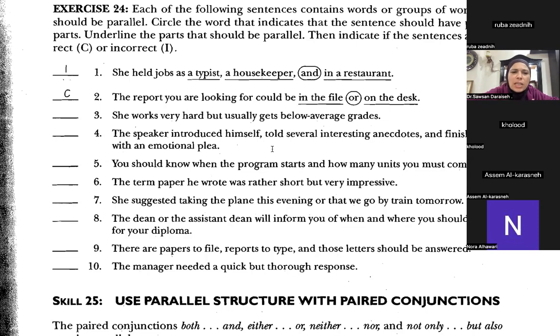And then I tell her, the speaker in that event introduced himself, told several interesting anecdotes, small short stories, and finished, that's the last thing he did, finished his presentation with an emotional plea.